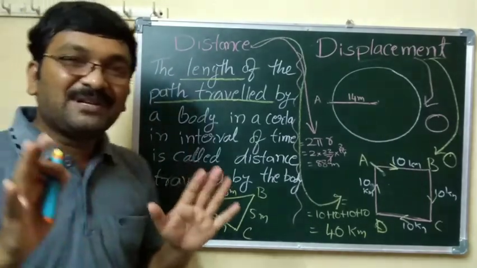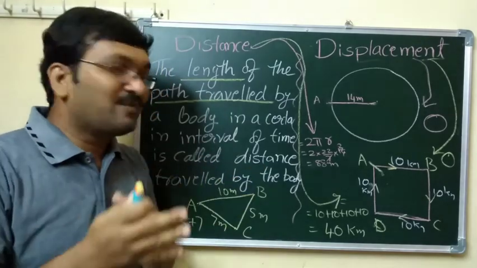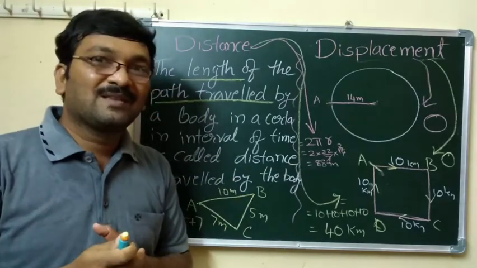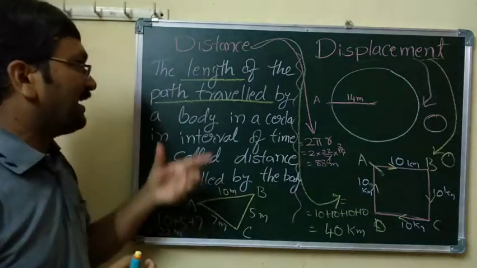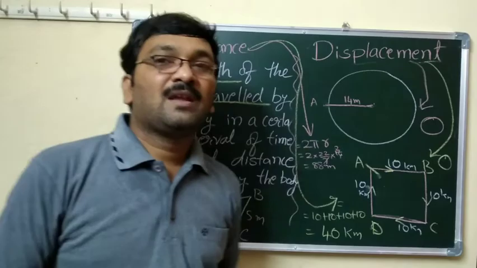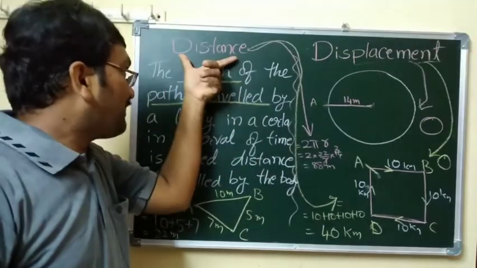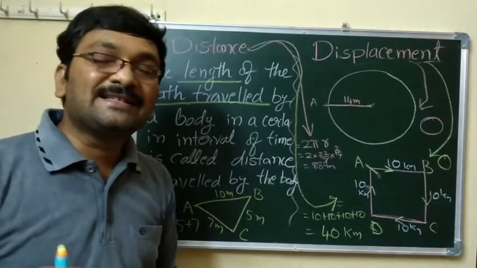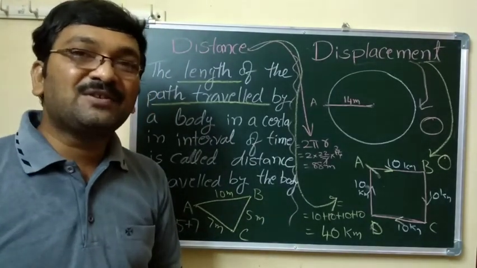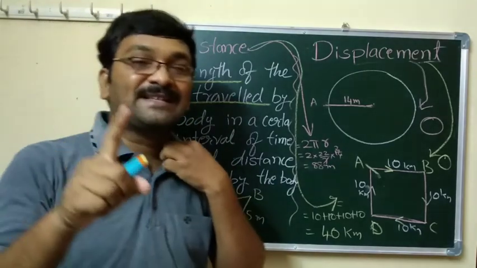I think now everybody got an idea. Can I go for a little bit more? Now the SI unit of distance is the meter. I already mentioned meter in the first class.